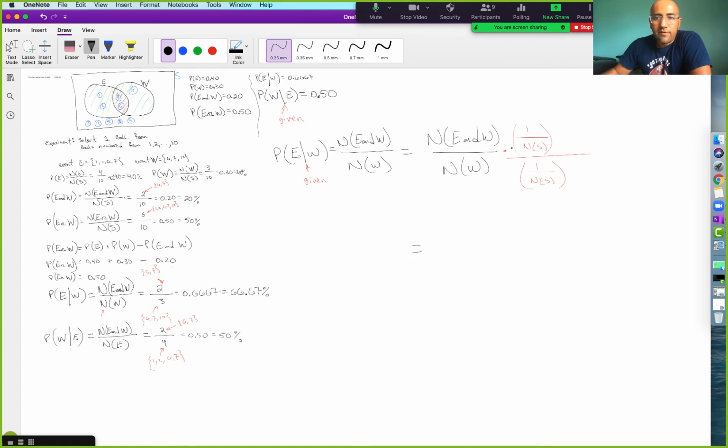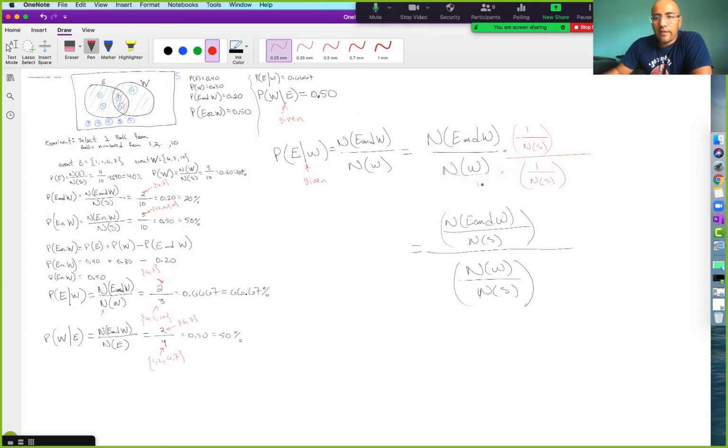This will then simplify into n of E and W divided by n of S in the numerator. There'll be a giant fraction where the numerator is this fraction, and the denominator is n of W divided by n of S. All I did is multiply these two things together.